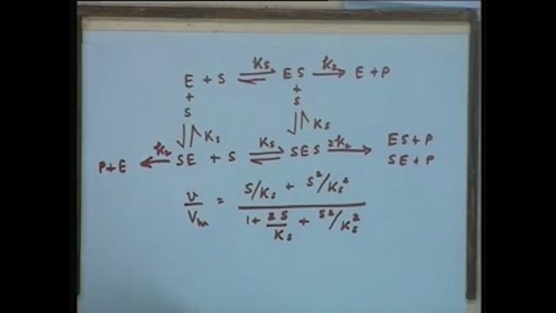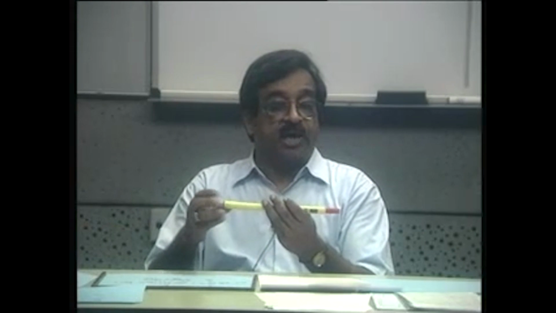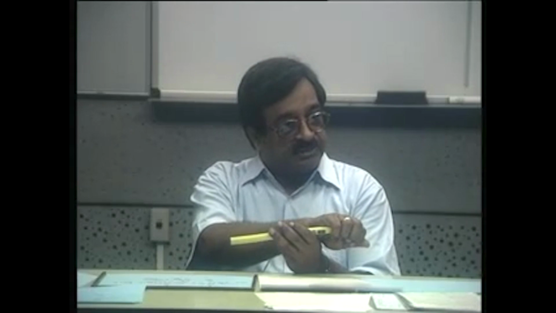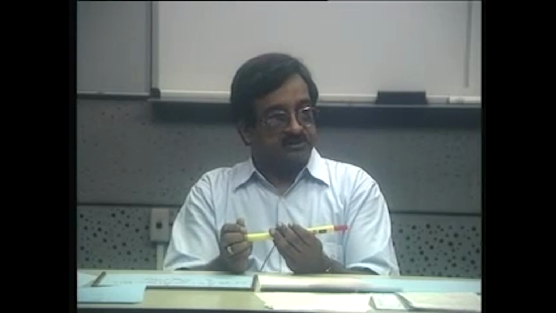Now here we must, pardon, yes? SE and ES. You see, if you consider that there is an enzyme molecule, it has binding sites on both the sides. Now SE and ES differ only in that one represents one active site and the other represents the other binding site occupied.